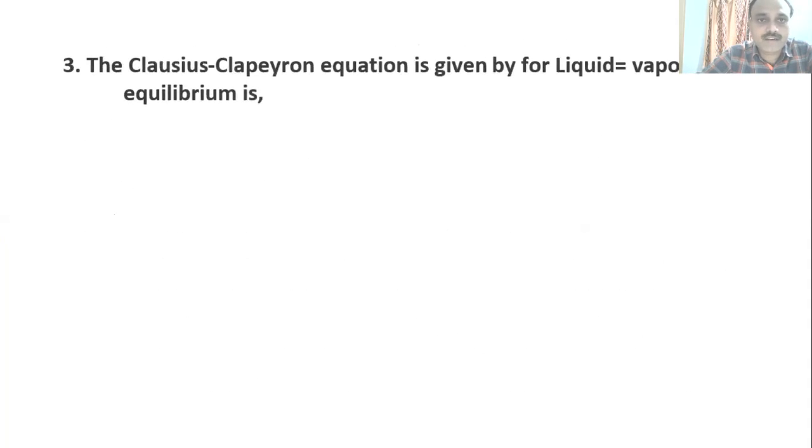The third question: the Clausius-Clapeyron equation for liquid-vapor equilibrium is given by which option?